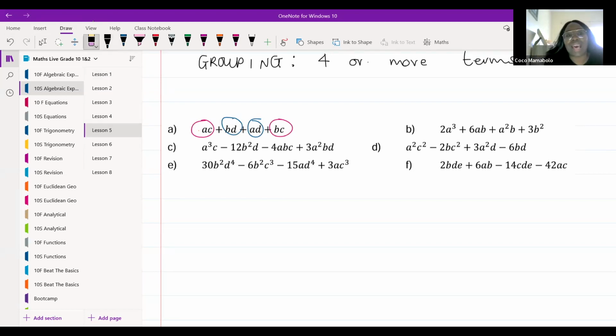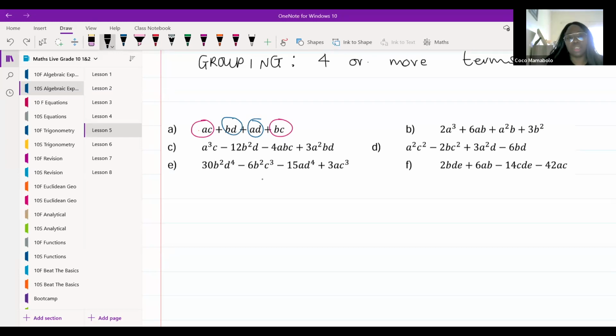If you decide that you want to group AC and AD, that's perfectly fine, because they both have A in common. And then you can also group BD with BC because they have B in common. So it's not going to change anything which 2 you group first. We're going to end up with the exact same answer.